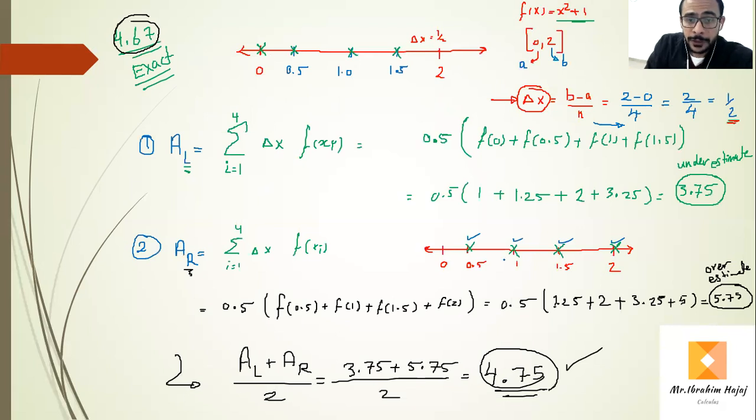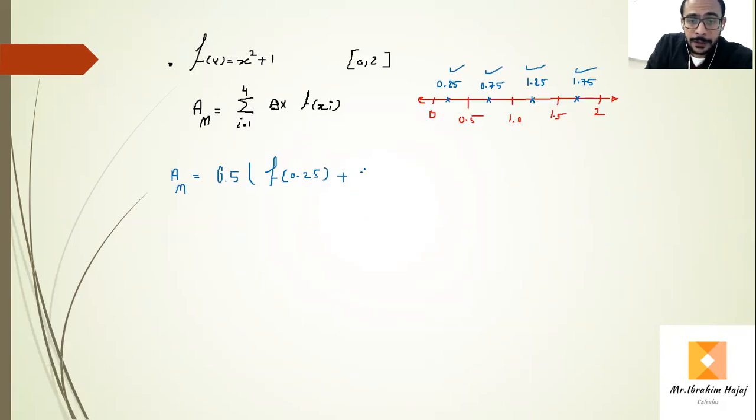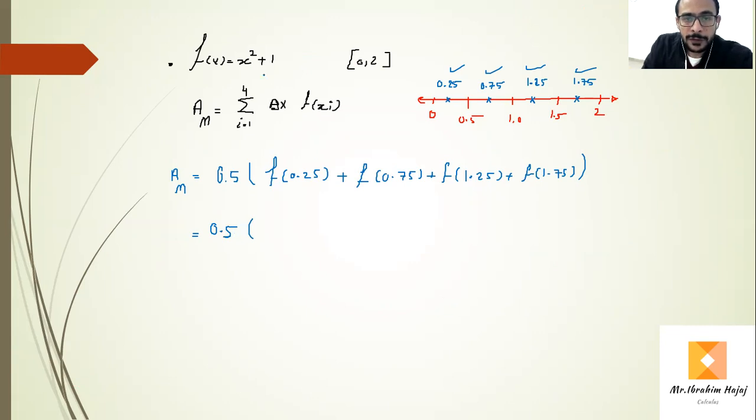So let's move back and find f of 0.75, and then plus f of 1.25, and then plus f of 1.75, which are all the midpoints on these sub-intervals, multiplied by 0.5. Let's calculate f of 0.25 in the original function, f of x equals x squared plus 1.